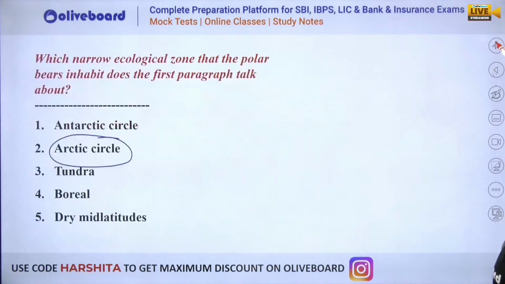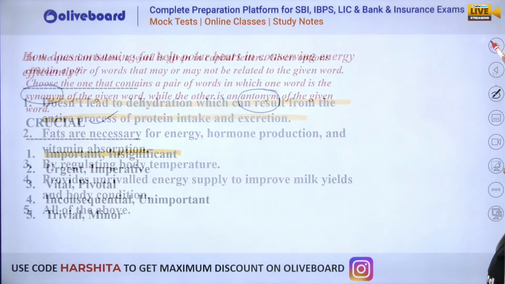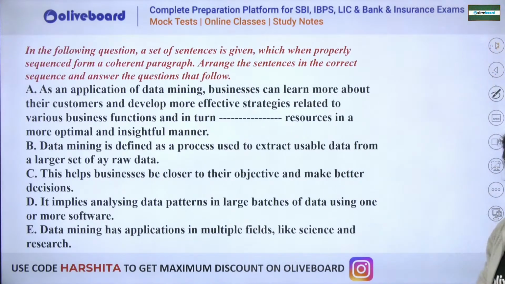Okay, so what do you want to do first, guys? Let's do the para jumble. Okay, because one arrangement can give you all 5 correct answers.